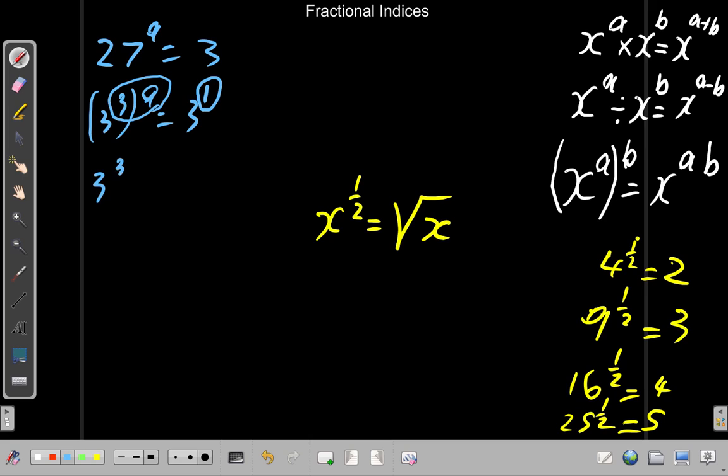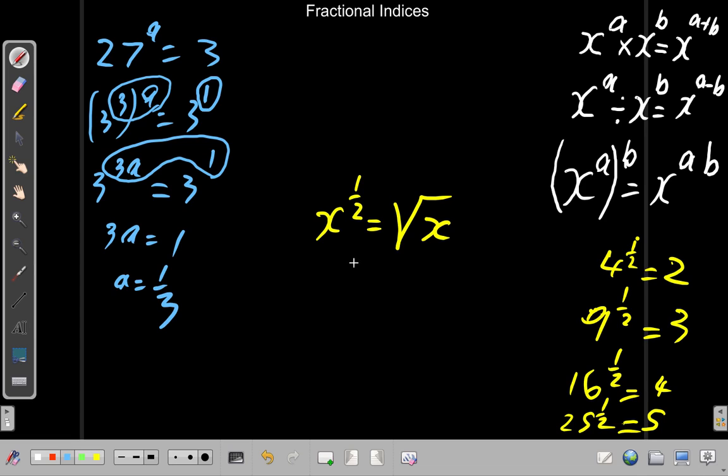So it's 3 to the 3a is equal to 3 to the 1. So 3a is equal to 1, then a is 1/3. Now, if a is 1/3, we're saying that 27 to the 1/3 is equal to 3.